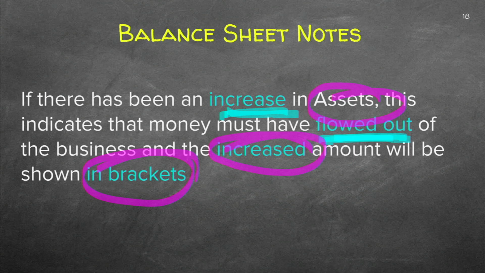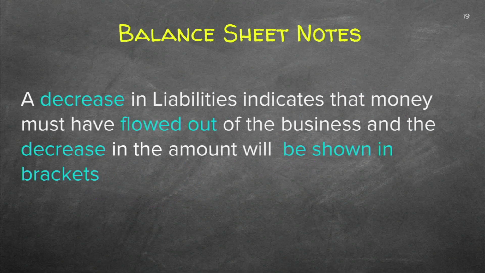So that's just our little conclusion with regard to assets. So let's have a look at liabilities. If a liability has decreased, it indicates that money has flowed out of the business, and the decrease in the amount will be shown in brackets. Just the opposite of the assets.